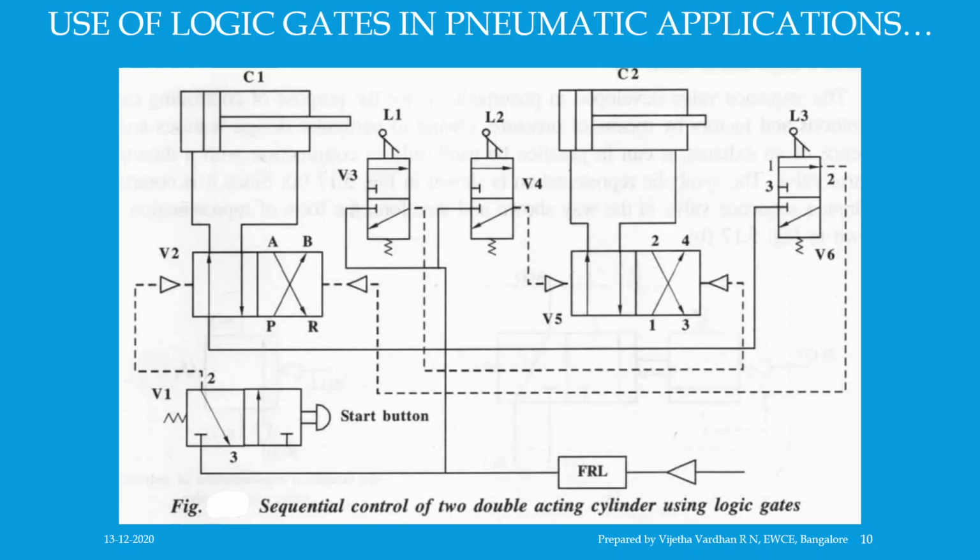This retracts the cylinder C1, and at the end of retraction of cylinder C1, the piston rod of C1 operates the lever L1 and actuates the valve V3, which in turn actuates the valve V5 and retracts the cylinder C2. Thus, the completion of one cycle of extension and retraction of the double acting cylinders is in sequence.